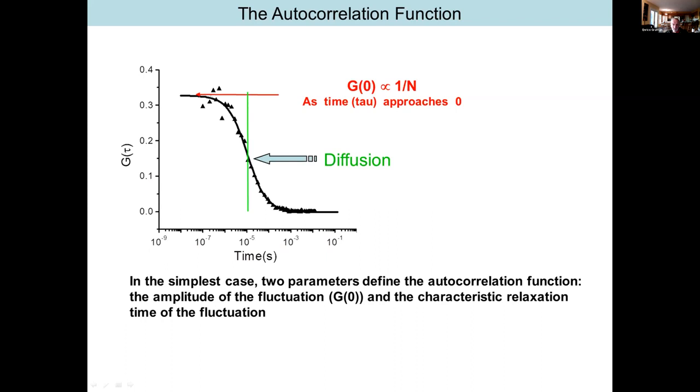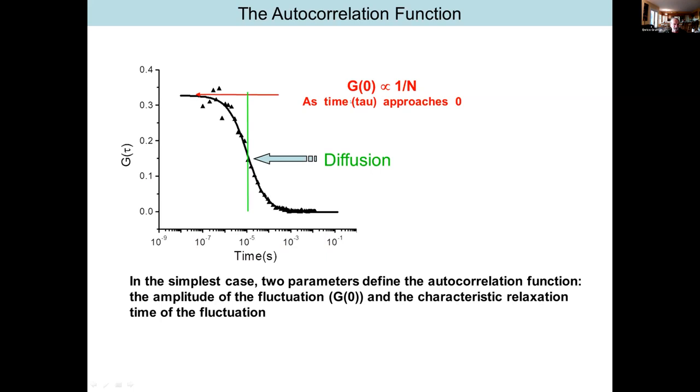Generally, the 0 time, of course, in a log scale cannot be measured because it will be infinitely far. So we say that G of 0, so a time t of 0, can be approximated with 1 divided by the number of particles. And then I need to show you why that is true and how you can prove that.